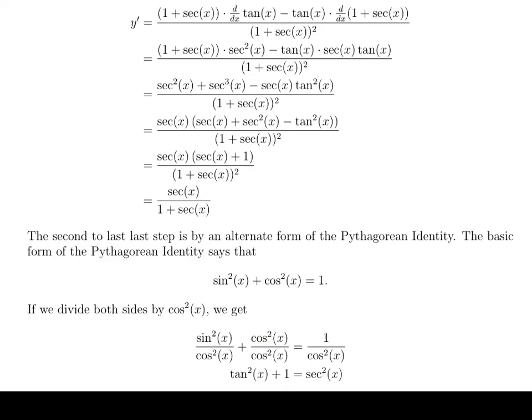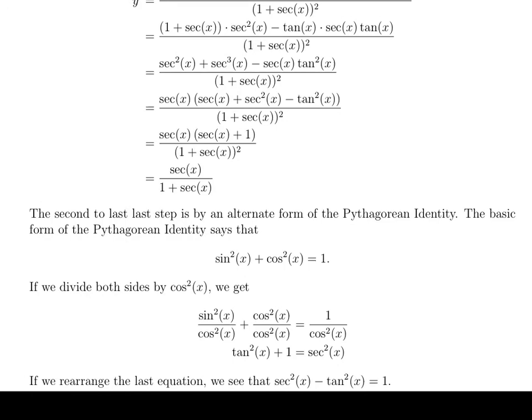I think this is a trig identity you should recognize as one of the 2 alternate forms of the Pythagorean identity. Once we have this, we can manipulate it a little by subtracting tangent squared from both sides, and we get secant squared x minus tangent squared x is equal to 1.